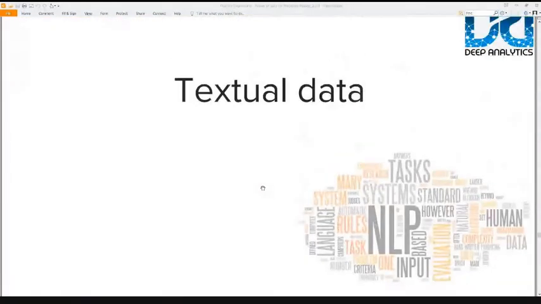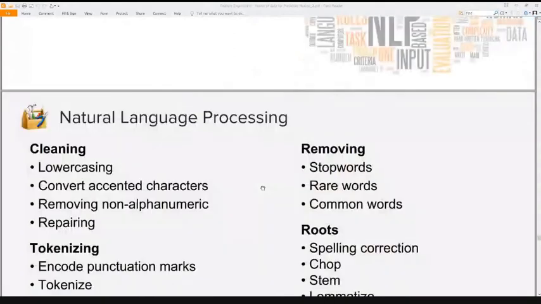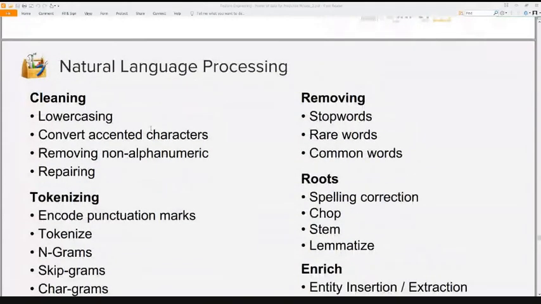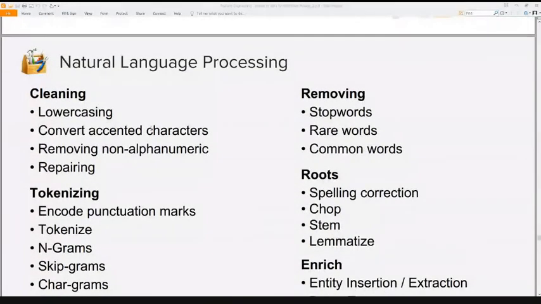Textual data. When it comes to textual data, we have to clean it. When people write, for instance, data on a province, take Zimbabwe, which has 10 provinces. For those 10 provinces, some people write Mashonaland East starting with a small m. Others use a big M. Others add a space after Mashonaland East.